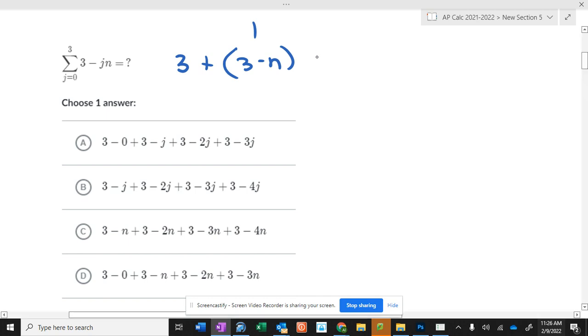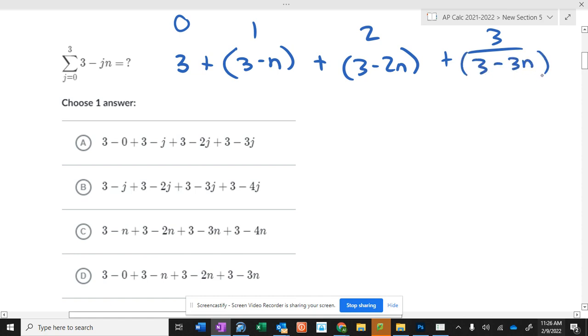It's a variable. If we put in a 2, what are we going to get? 3 minus 2n. How many terms are there? There are 4 terms because we go from 0 to 3. So it's 3 minus 3n.